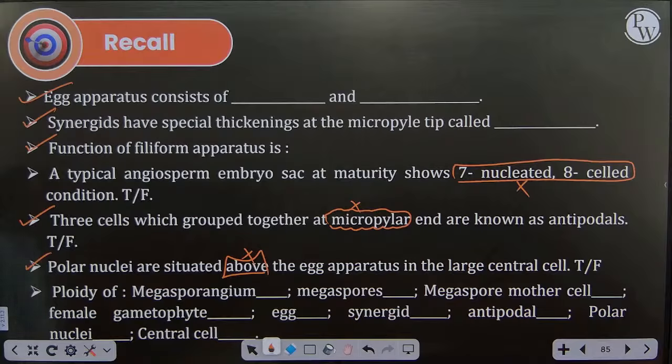Now, ploidy. Megasporangium is ovule, it is 2N. Megaspores are haploid. MMC is diploid. Female gametophyte, and egg, synergid, antipodals are part of female gametophyte only.